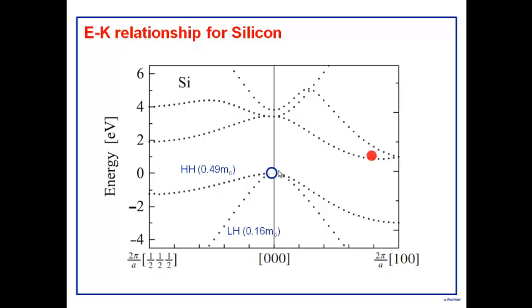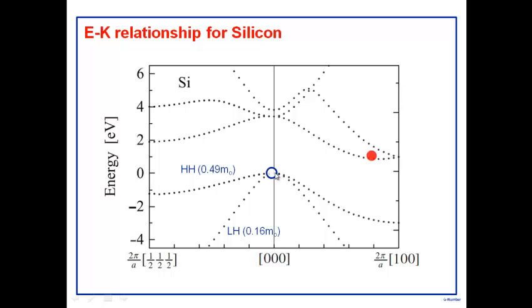And therefore, what we have is a concept in silicon and other semiconductors of two kinds of bands present here. One is what we call a heavy hole band, this branch here. And the other one is what we call a light hole. You can see the effective mass for a light hole is 0.16 m naught. The effective mass for a heavy hole is 0.49 m naught. Right at this particular point, both of them have the same energy.